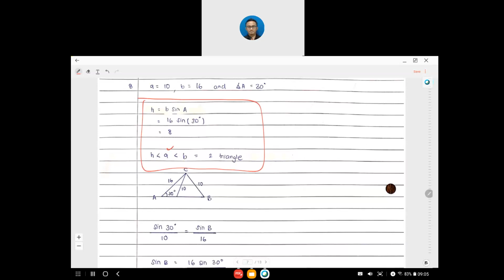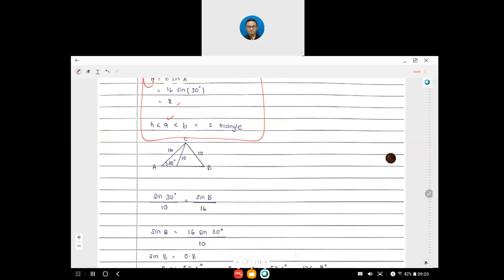They find first what is the value of H. So by using H equal to B sine A, you can get H equal to 8. So we can see that A greater than H less than B, so you can get two triangle. When you have two triangles, you need to solve lah.